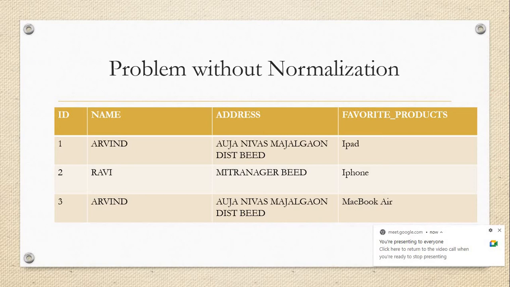So for that we require the minimum amount of data. If data is more, no problem, but if we have redundant data, in that case there is a chance of retrieving the same data frequently. So in that case we need to remove this redundant data. Okay, so for example, see, these are the ID, name, address and favorite. When we try to create the table without the concept of normalization, we face lots of problems. Okay, so in that we are facing an insert problem.